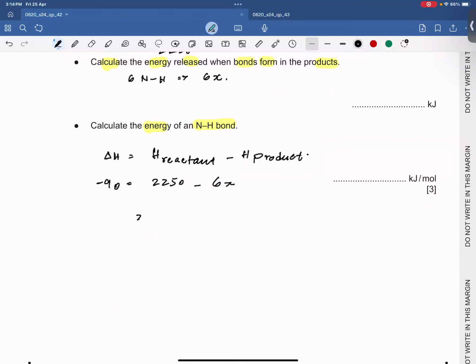So the value of x from here is going to be 390 kilojoules per mole. So this is 6x and this is 390 kilojoules per mole, okay? And the value is plus.